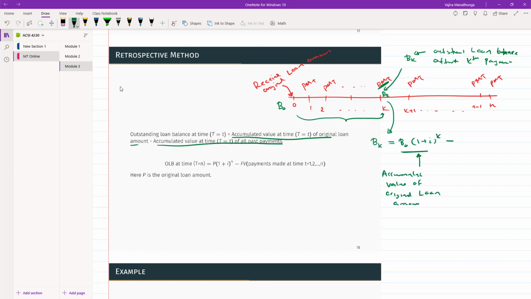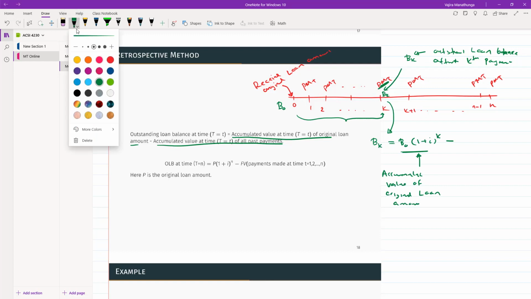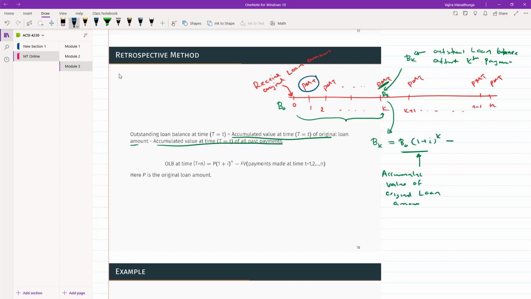Then I will subtract the accumulated value of all the payments. So I have these payments, and I can bring them forward to here. You multiply by 1 plus i to the what? In this case, k minus 1. And for this one, you multiply by 1 plus i to the k minus 2, and so forth. We have a symbol for that.